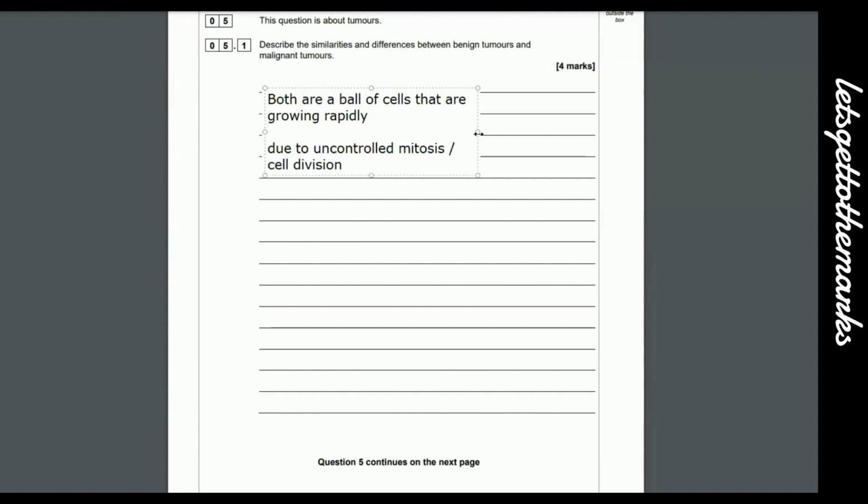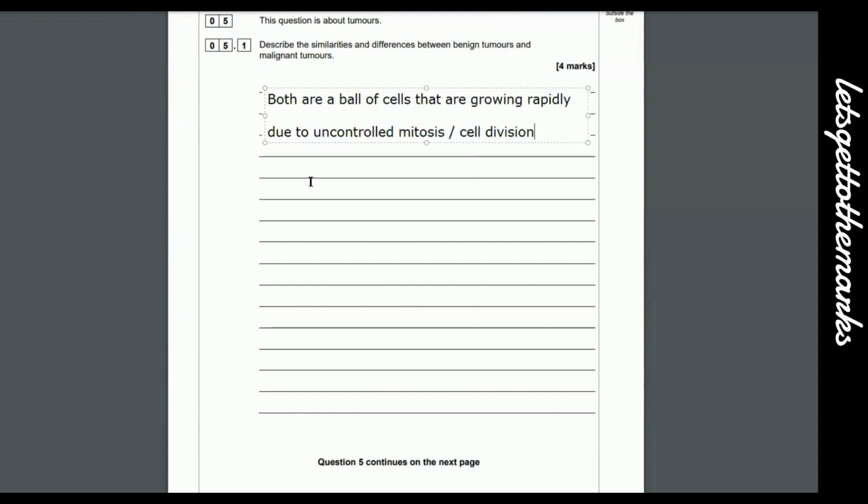When some of your genes mutate, this can happen. You can get cells that will just start growing rapidly with uncontrolled mitosis, which is cell division. And so what we can say is both result from changes in DNA.